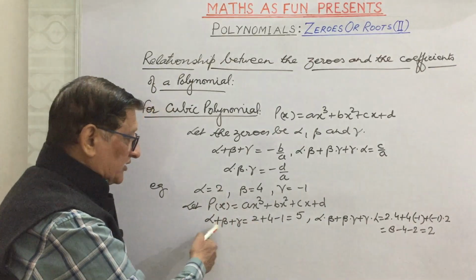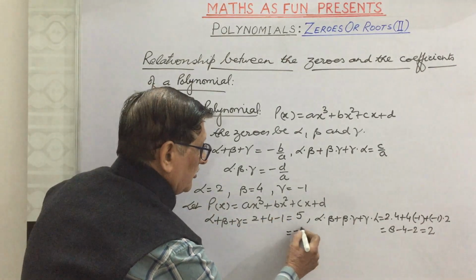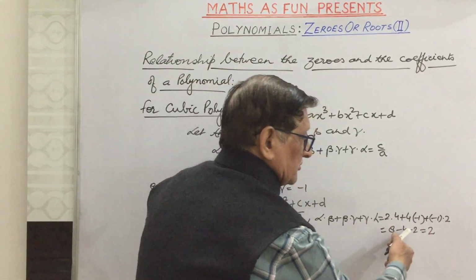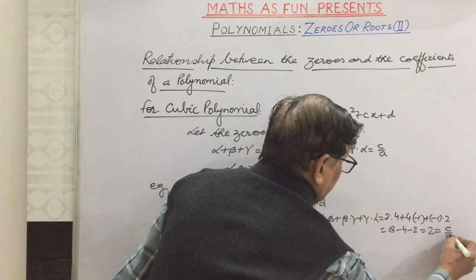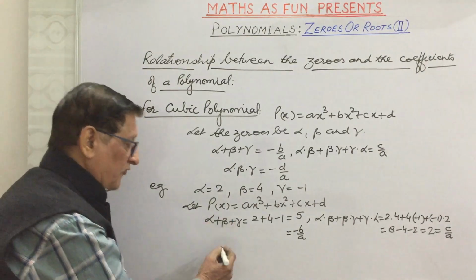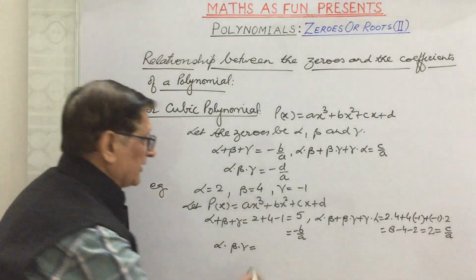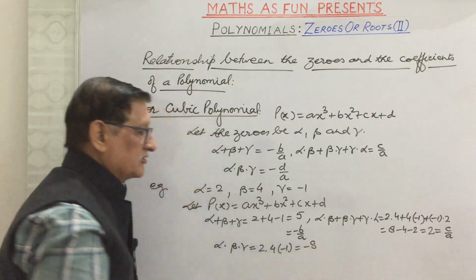We know that this alpha plus beta plus gamma is equal to minus b upon a. We know that this product in pairs and the sum of them is equal to c by a. And if we find the product of all the three, alpha into beta into gamma, that will be 2 into 4 into minus 1, that is minus 8.